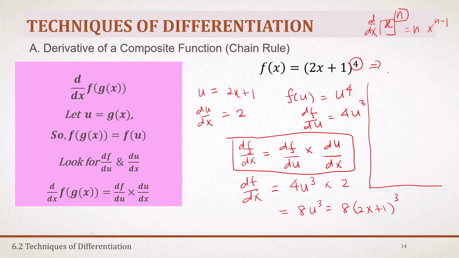So my f prime x equals 4, push it in front, and copy back, 4 minus 1 is 3, and because there is something inside here, I differentiate 2x plus 1, which is 2, so it's 8 times (2x plus 1) to the power of 3.